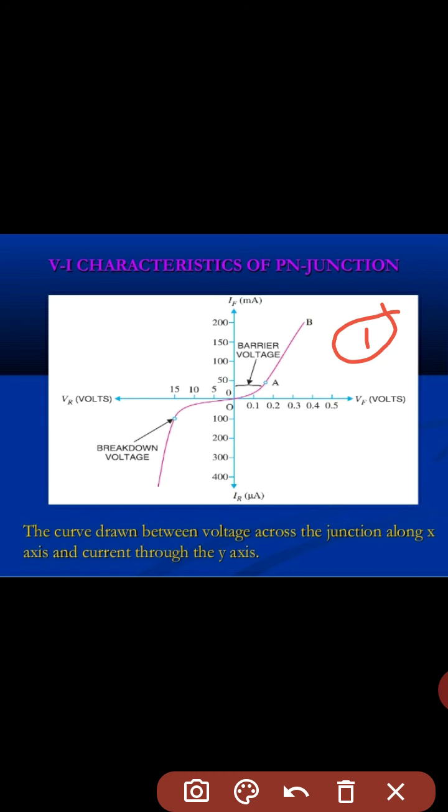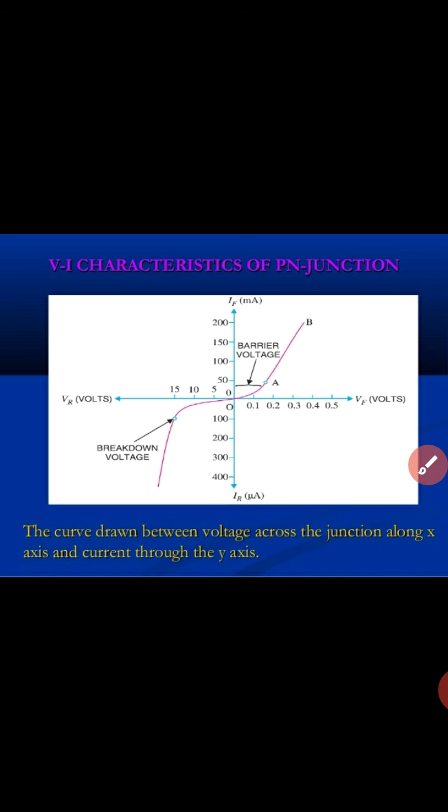The diode conducts heavily in forward bias mode because the width of the depletion region is reduced, giving low barrier potential. As we go on increasing the forward voltage, the current goes on increasing like this, and we get the maximum flow of current, which is in milliamperes in the case of the PN junction diode.